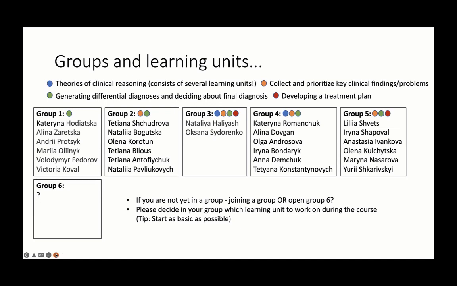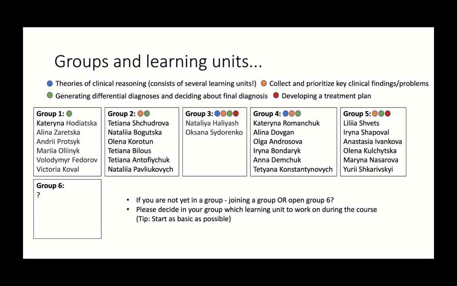May I ask, Inga, have I understood correctly that we have to choose only one among all these proposals to start with, and inform you by Tuesday? Am I right? Yes, that would be cool. It's just a prioritization. You can, of course, also work on the other learning units, but for this concrete Train the Trainer course, it would be cool if you could decide in your group on one learning unit.